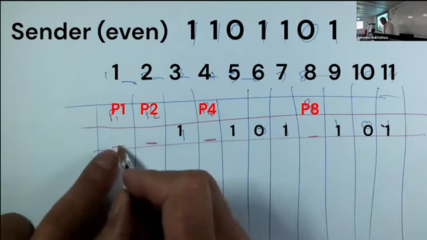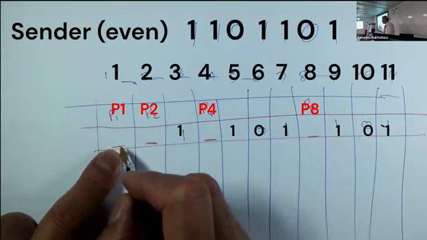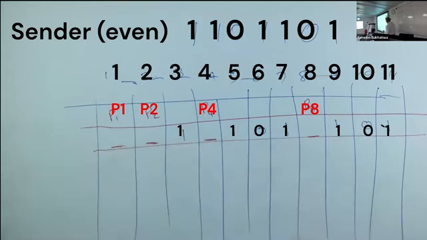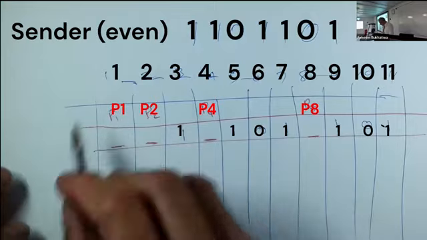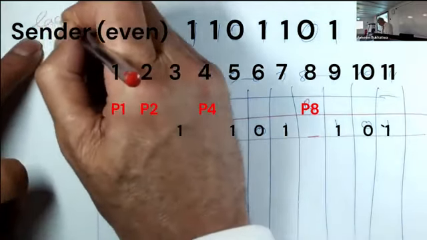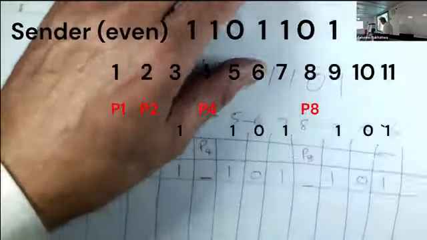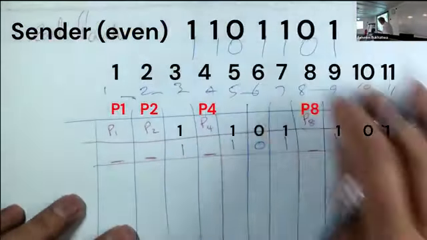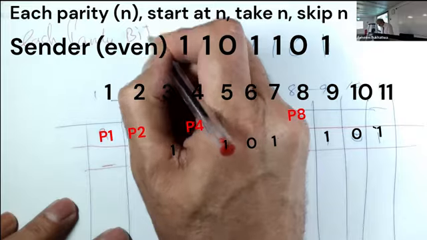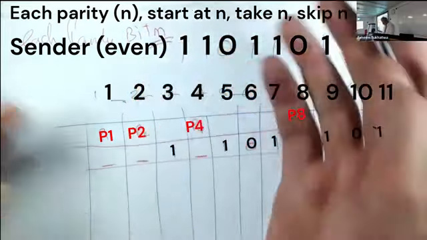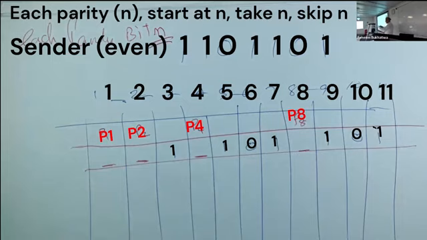Now all we have to do is find out what value we should put in parity 1. In order to do that, we need to figure out which of these bits belong to the group of P1. And there's a simple rule. For each parity bit, I'll just call it n. It could be parity bit 1, parity bit 2, 4, or 8.